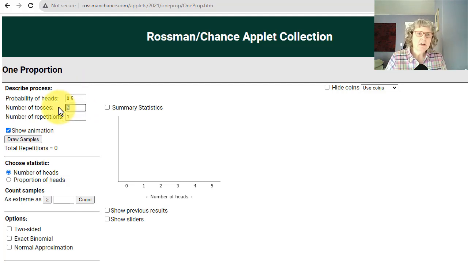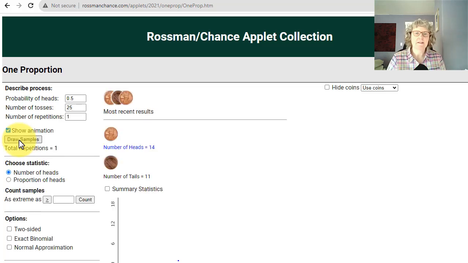And then for our number of tosses, we put in 25 because that is simulating one guess for every person in a class. So we're doing sample sizes of n equals 25. Now that you've done sampling distributions and bootstrap distributions, you know that the sample size has to be the same every single time. And let's just do one first, just as a reminder. So I'm going to hit Draw Samples. It's going to flip all the coins.